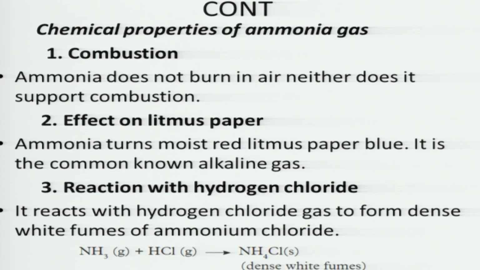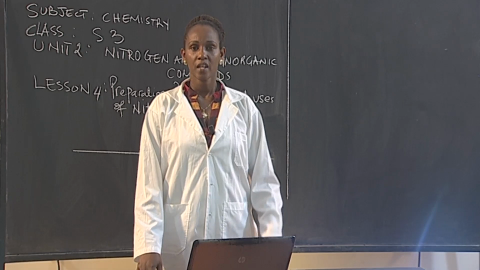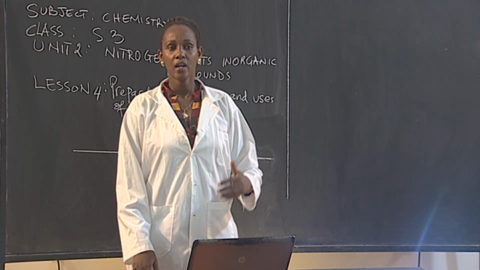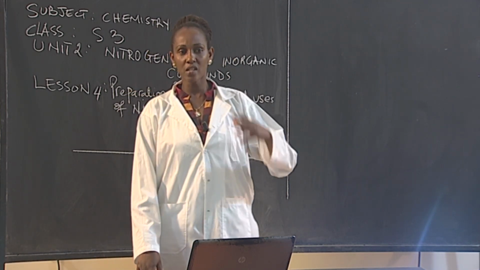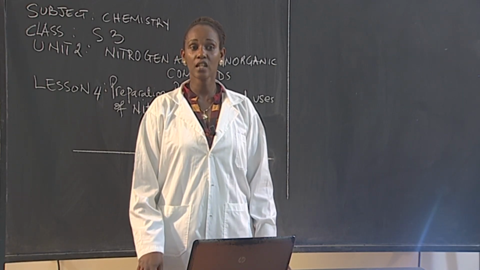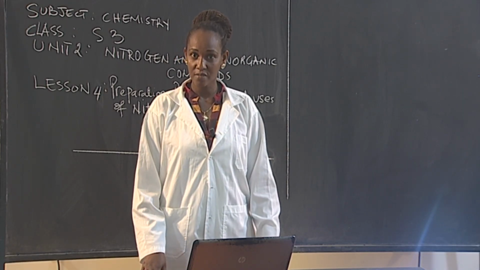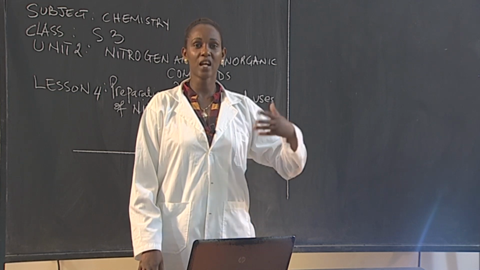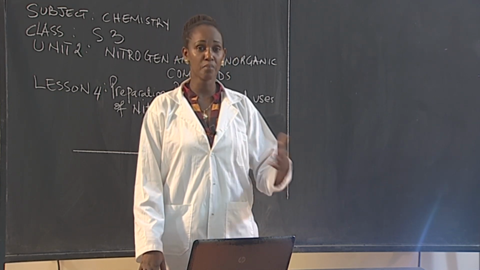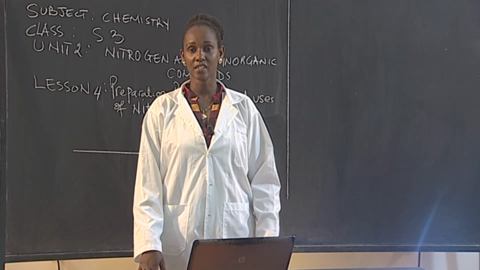Effect on litmus paper. Ammonia turns moist red litmus paper blue. It is the common alkaline gas. We have talked of nitrogen dioxide being an acidic gas. For the case of ammonia, it is the basic gas. It's an alkaline gas.